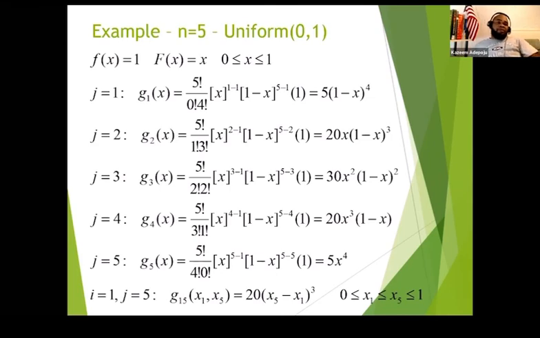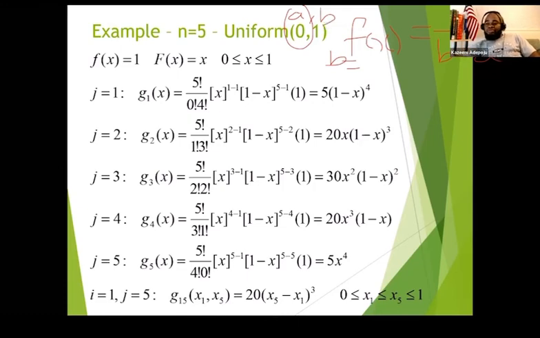Okay, now based on that, for instance, if n equals 5 and it follows a uniform distribution with parameters 0 and 1, the f of x is going to be equal to 1, because your f of x is equal to 1 over b minus a. And of course, you have been told here that the interval is a, b, which means a equals 0 and b equals 1, right?